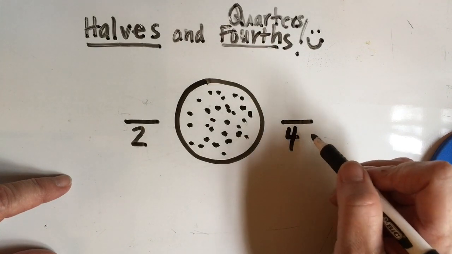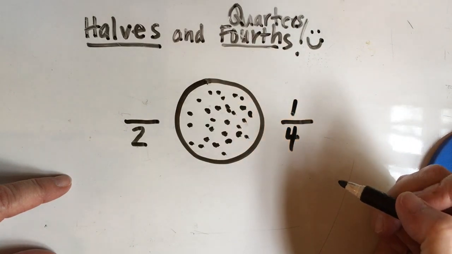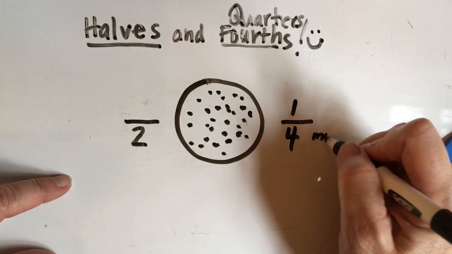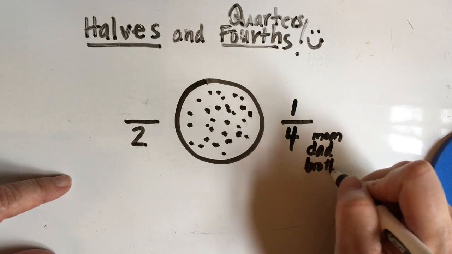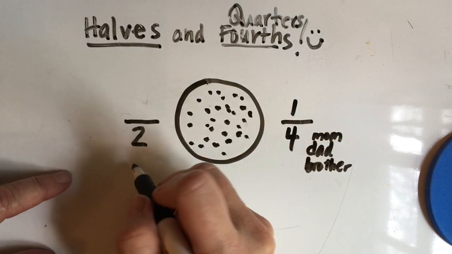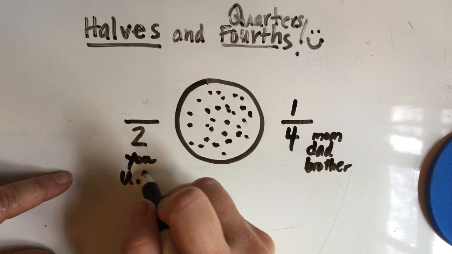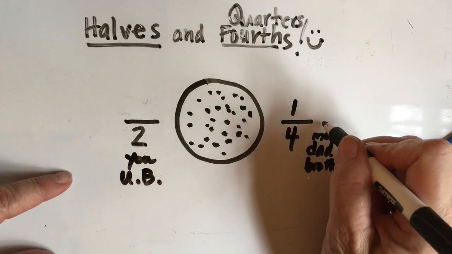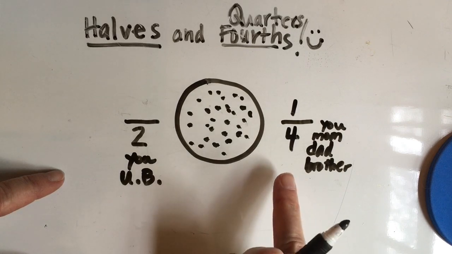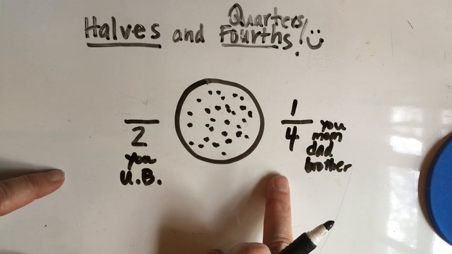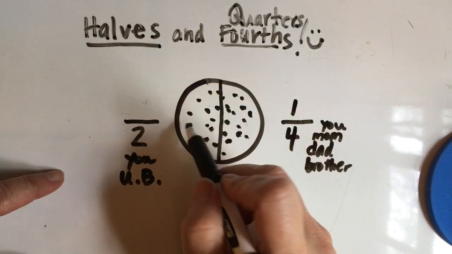So you, your mom, your dad, and your brother, you would each get 1/4 for each person. I'm going to put mom, dad, brother. And over here, it's just you and Uncle Bubba. Okay, so would you rather share it with your mom, your dad, and your brother? Let's show you how much you would get.